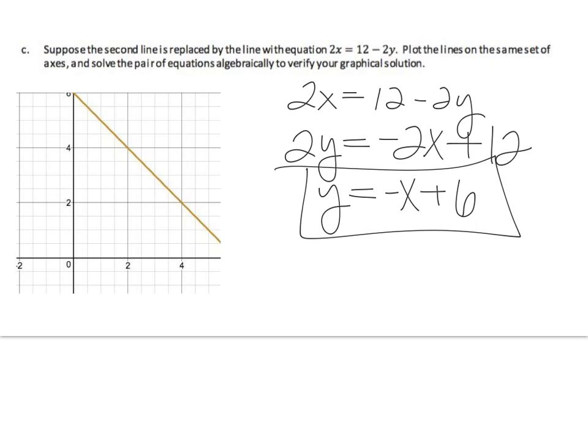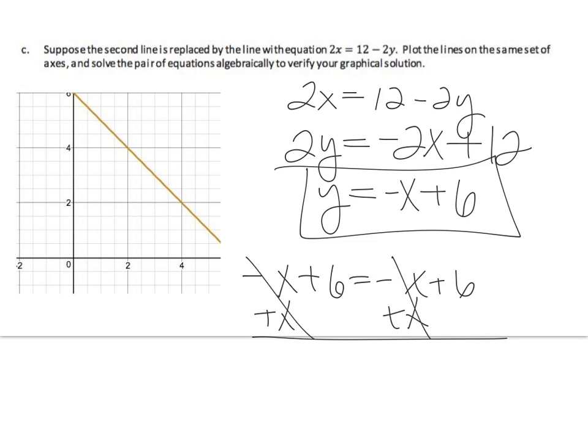So if I set those equal to each other, which is sort of humorous, negative x plus 6 equals negative x plus 6, add x to both sides, and I've got 6 equals 6. Solution is all real numbers.